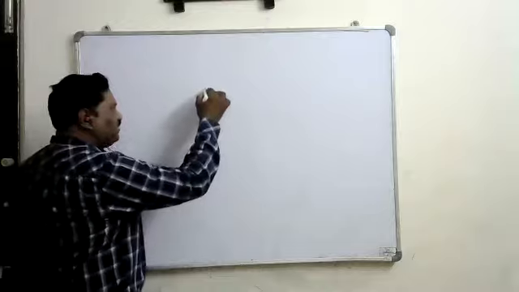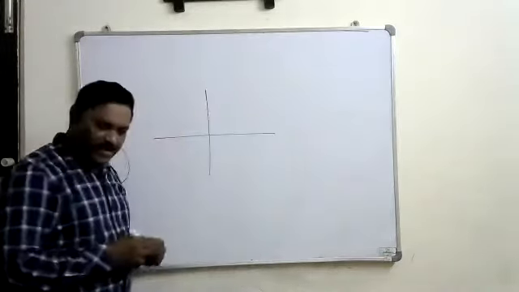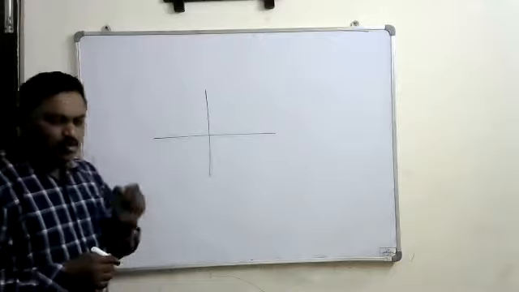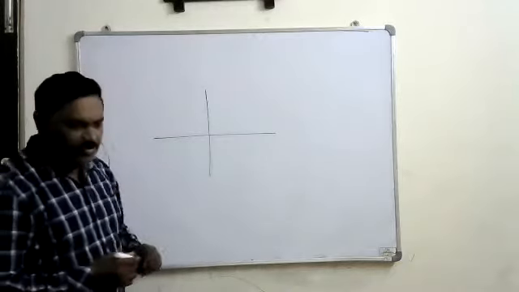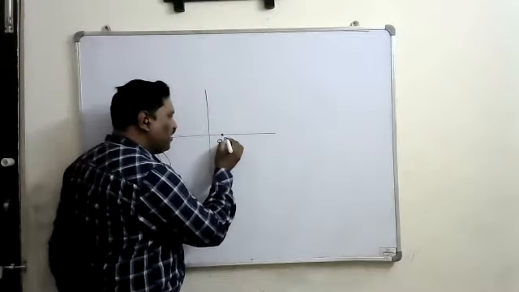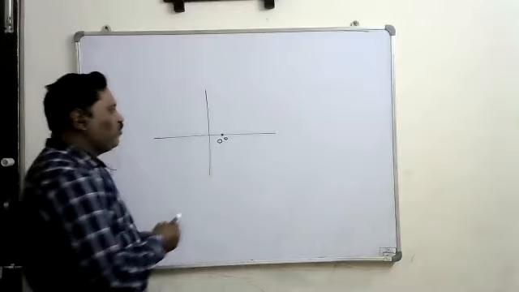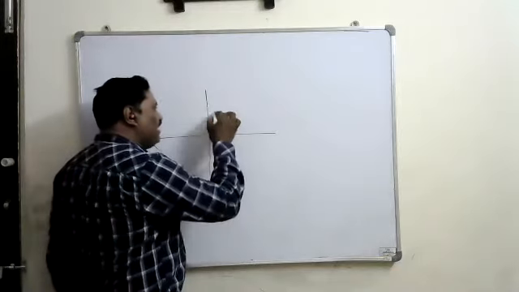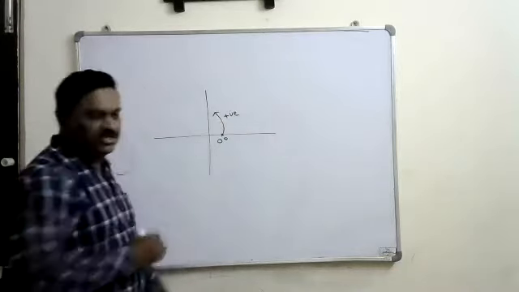Notation means while measuring the angle on the coordinate plane, we start to measure from the positive x-axis, that is the starting point. On the positive x-axis, we take the angle as 0 degree. From that point, if you measure the angle in the anti-clockwise direction, we call it the positive direction.